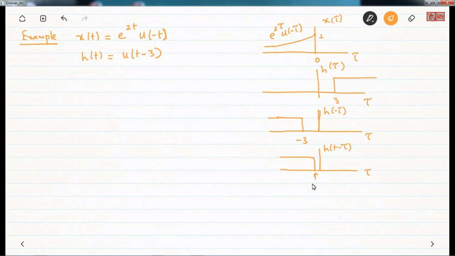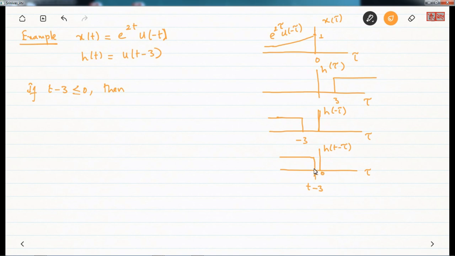So this value is t minus 3. This value is 0. Now you see, if t minus 3 is less than or equal to 0, depending on the value of t, this t minus 3 changes.